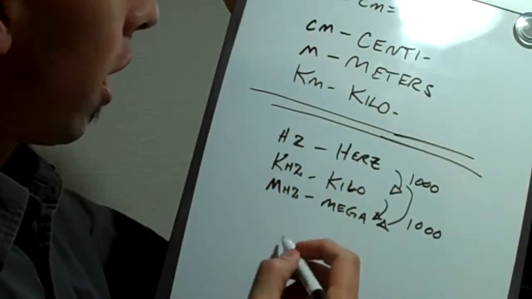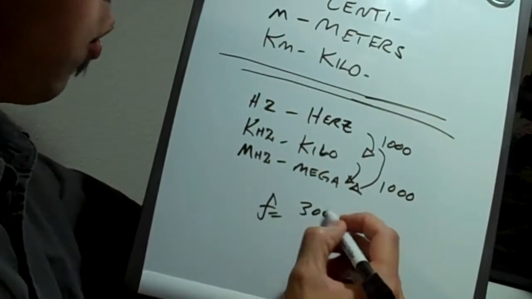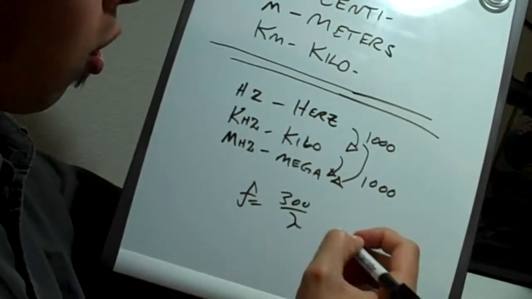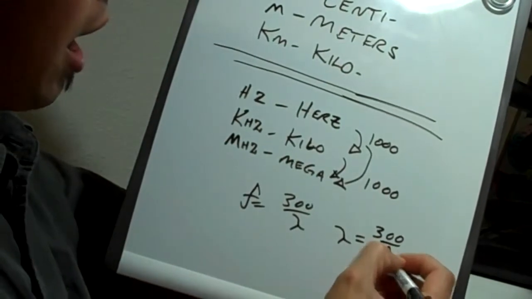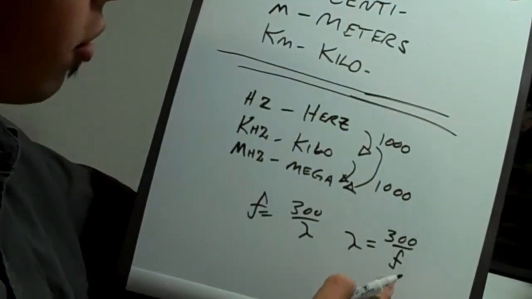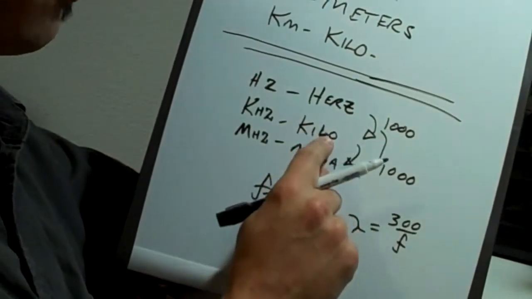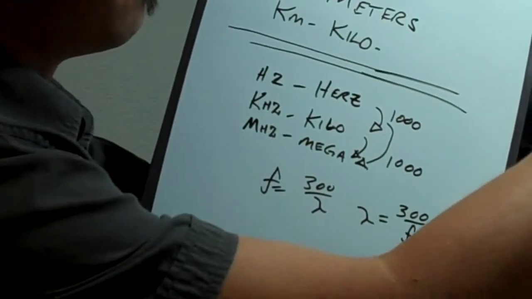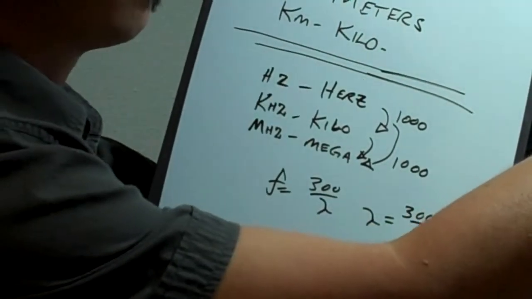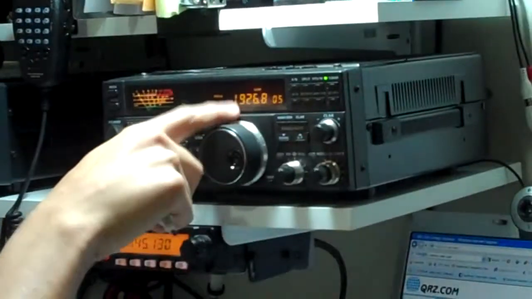Again, remember your equation here is frequency equals 300 over wavelength, or wavelength equals 300 over frequency. And remember, frequency has to be megahertz and wavelength has to be meters. So if your number is in kilohertz, so for instance, if we go down on the band here, quite a ways down, we can go to 1.9 megahertz.